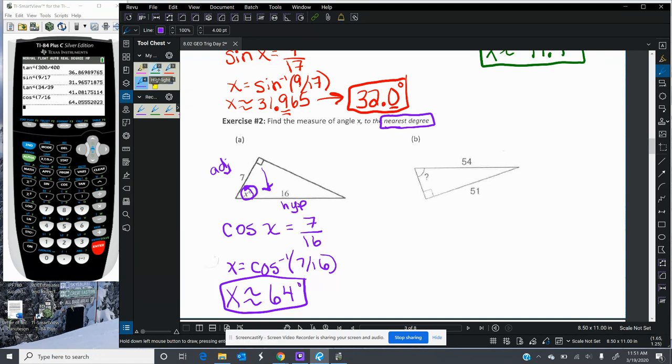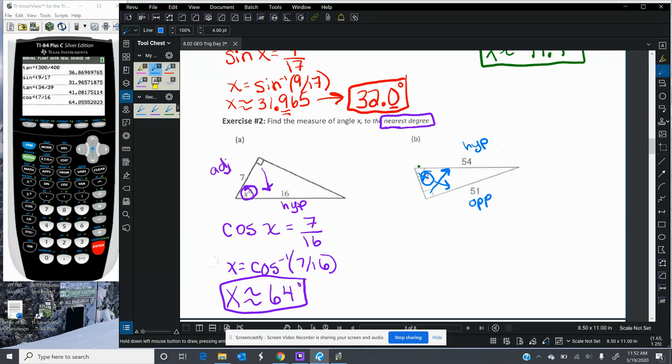Exercise B. Angle X is up top here, and we have two sides. So now we have, from angle X, its opposite side, and from the right angle, its hypotenuse.